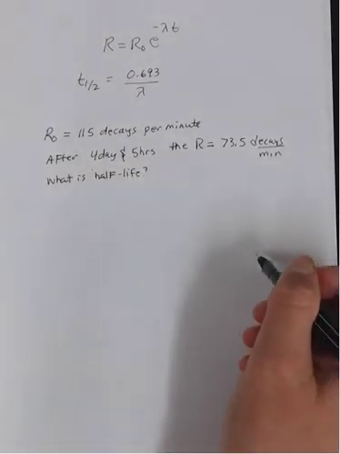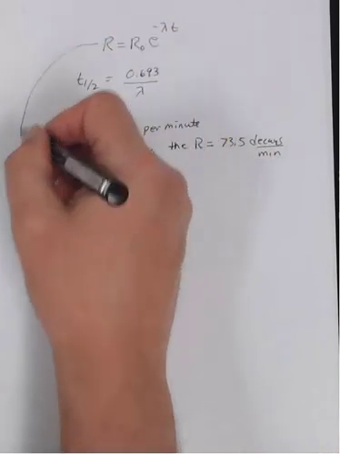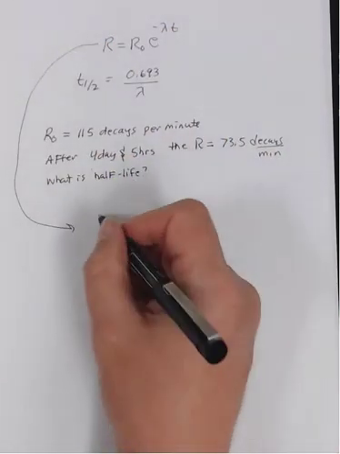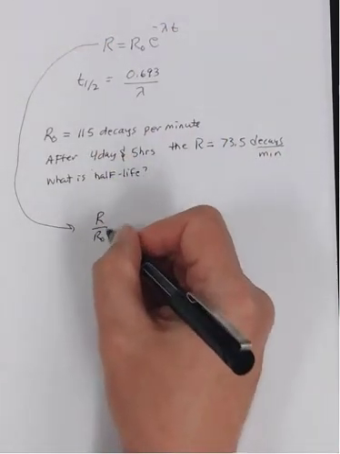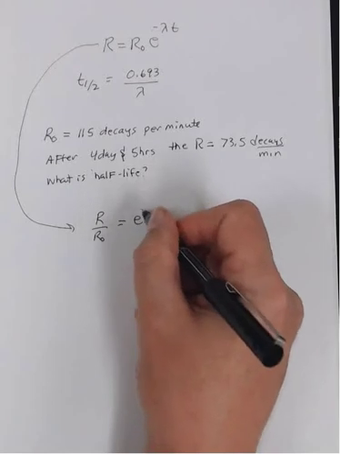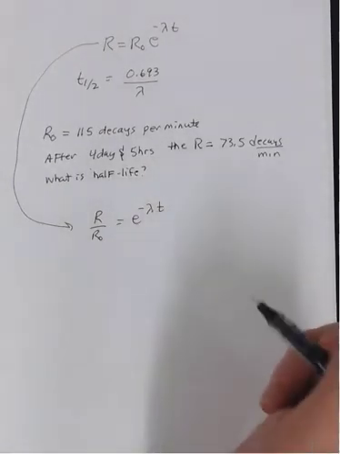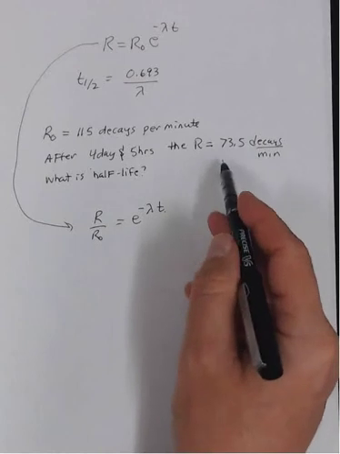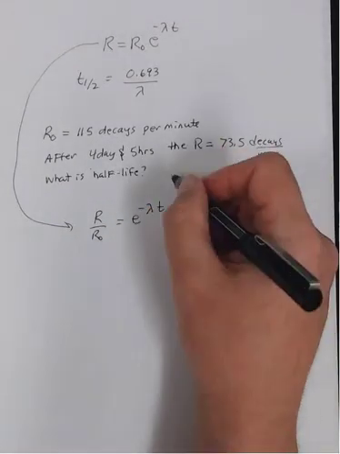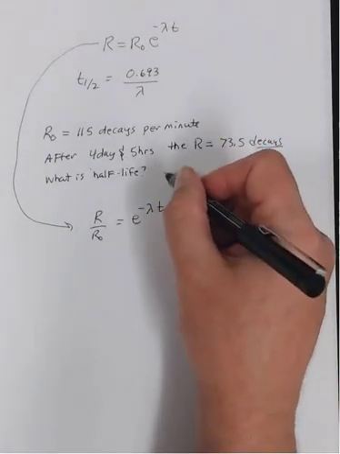There are a couple of ways we can do this, but I'm going to go back up. The more accurate way is to go back up to this, and if I divide by R naught, R by R naught, I get this. I know the time was 4 days and 5 hours, and I can convert that to minutes.